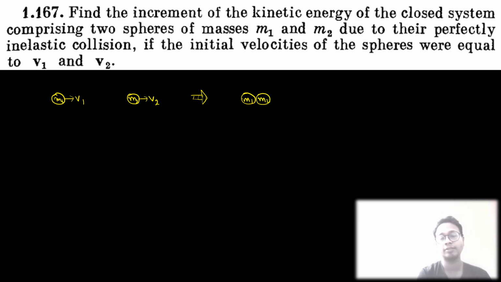In a perfectly inelastic collision, what happens? Both bodies stick together and both move with the same velocity v. Now the question is asking to find the increment in kinetic energy. The question is phrased a little differently: find the decrease in kinetic energy.